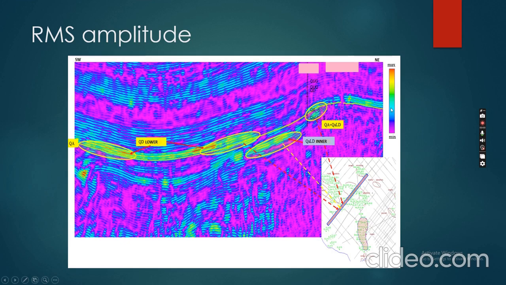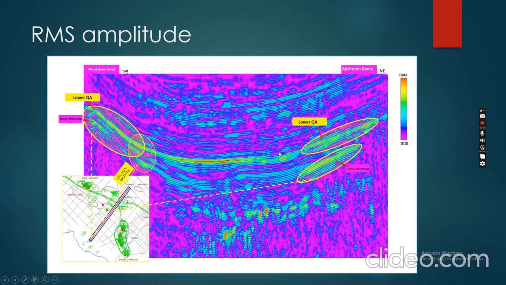And in the next slide, we can see the root mean square amplitude map of the second profile. It runs almost parallel to the first one, just a little bit to the side. What's important is that it confirms the same main features we saw in profile 1.